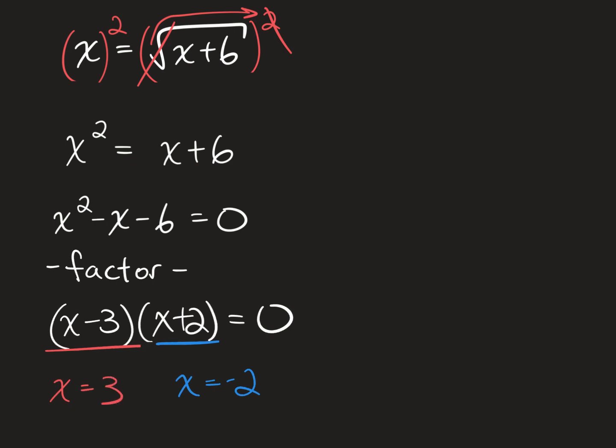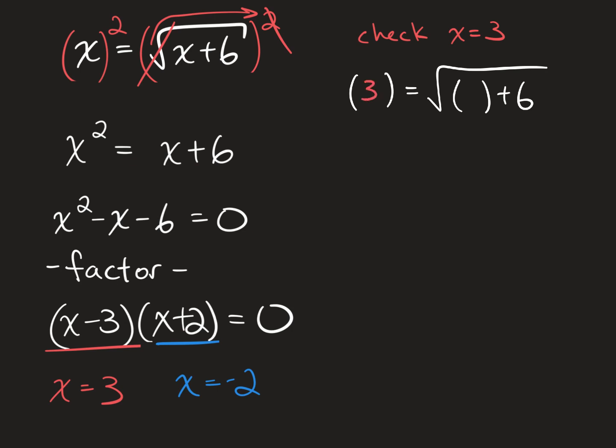Now I am going to go through the formal checking process here because it's important to show you that you have to check each x value that you get. So I'm going to check x equals 3 first, which means over here in this white ink equation, I'm going to substitute 3 in for x, and hope that both sides are equal.